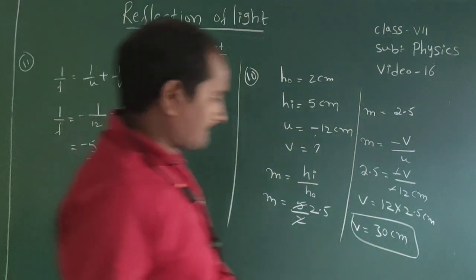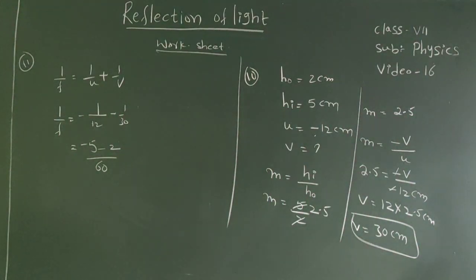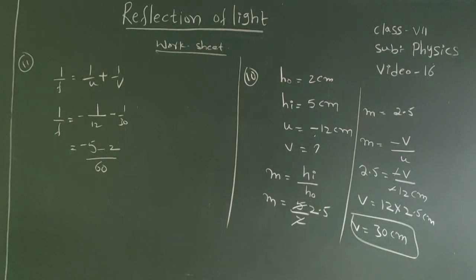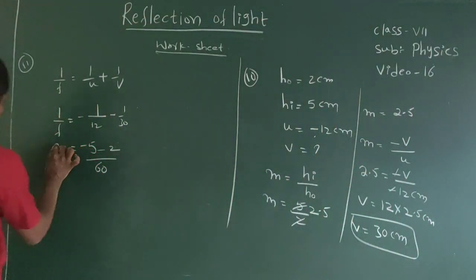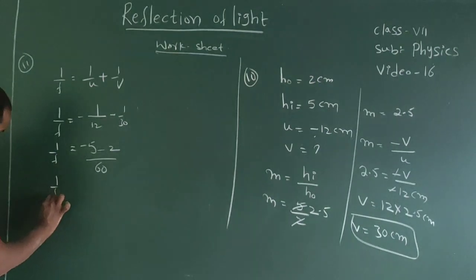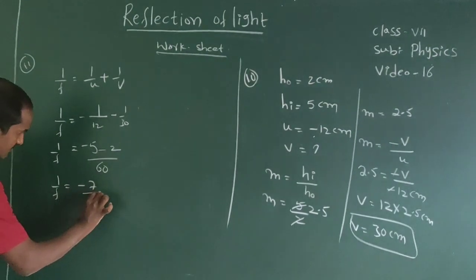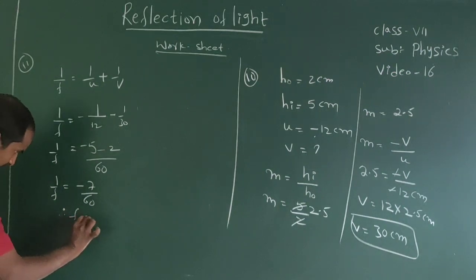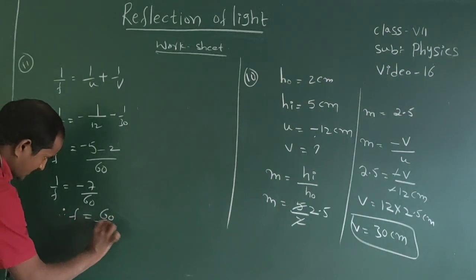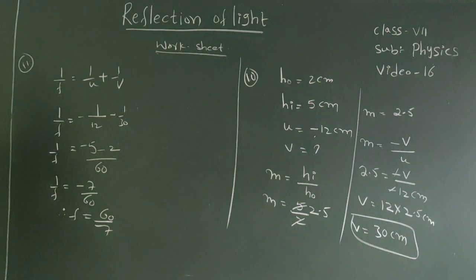Minus 5 minus 2, that is equal to minus 7 by 60. So here 1 by f equal to minus 7 by 60. Therefore f equal to 60 by minus 7, 60 by 7.